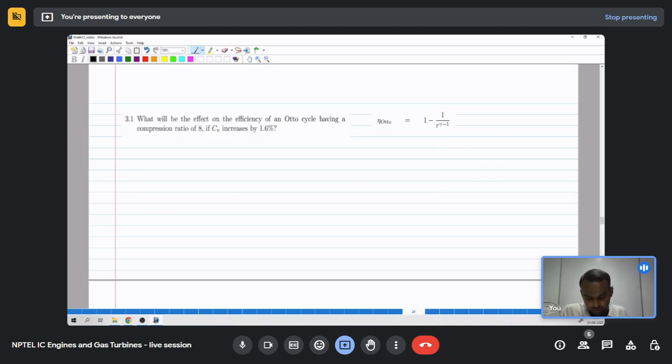What will be the effect on the efficiency of an Otto cycle having a compression ratio of 8 if Cv increases by 1.6%? So we know the relationship for Otto cycle efficiency with respect to the compression ratio r and gamma, and we need to calculate what will be the effect on Otto cycle efficiency when Cv increases.